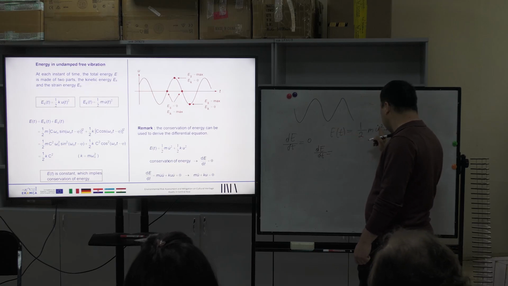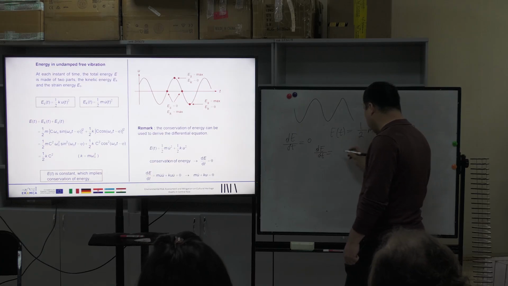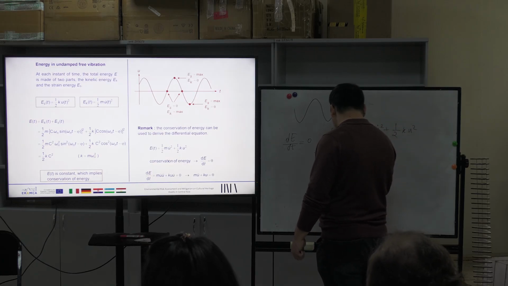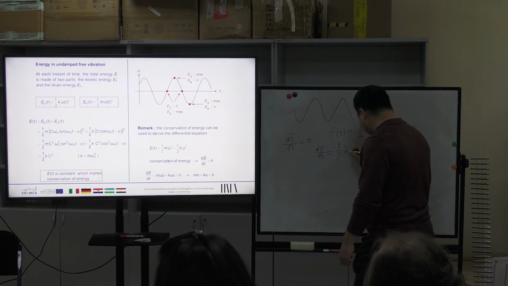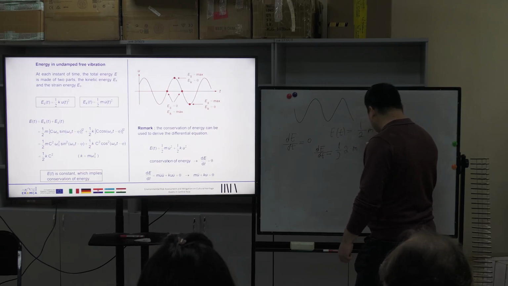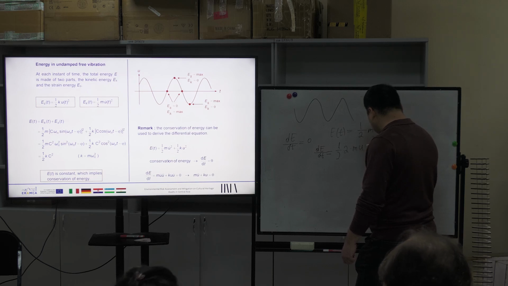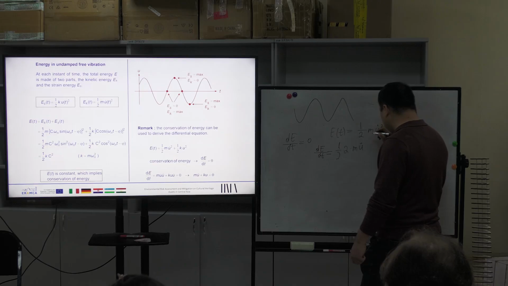That's why the derivative of the speed term is 1/2, the 2 comes here, times m, times the derivative of u dot, which is u dot dot, and the power goes down, so it becomes u dot itself.